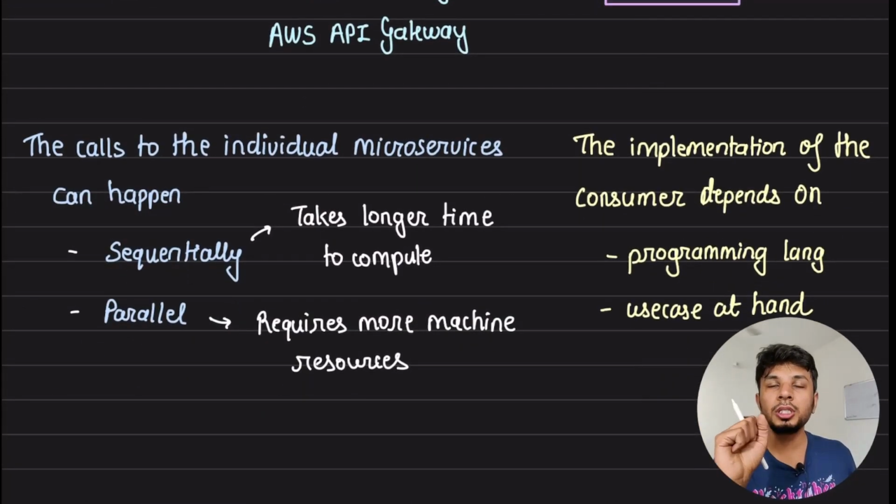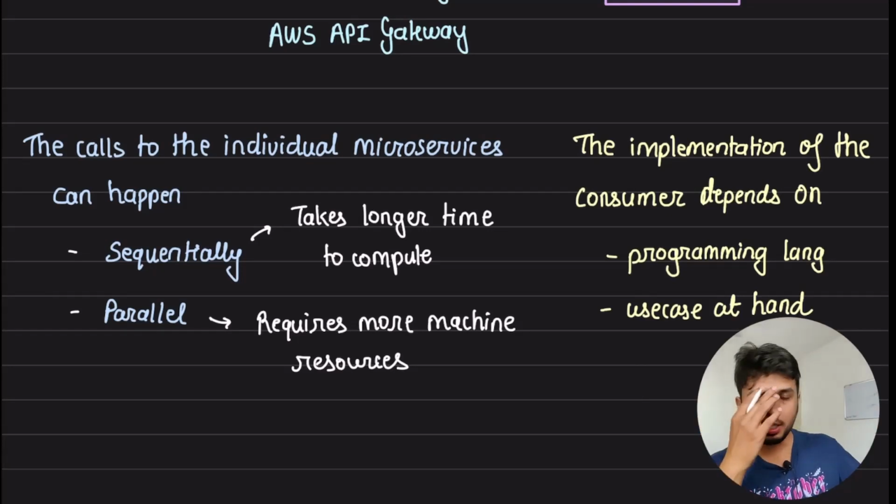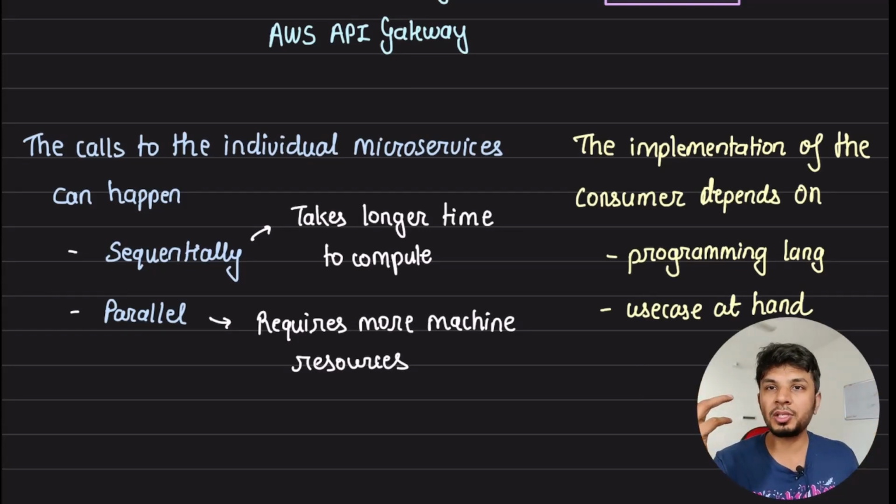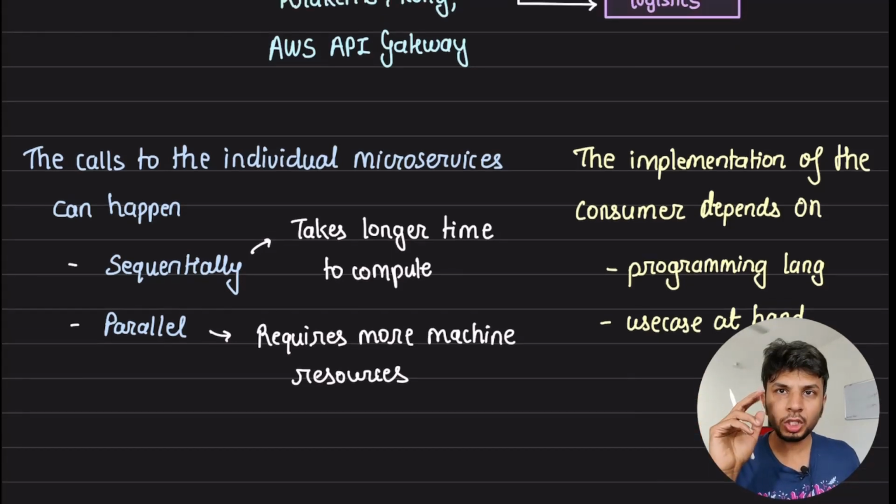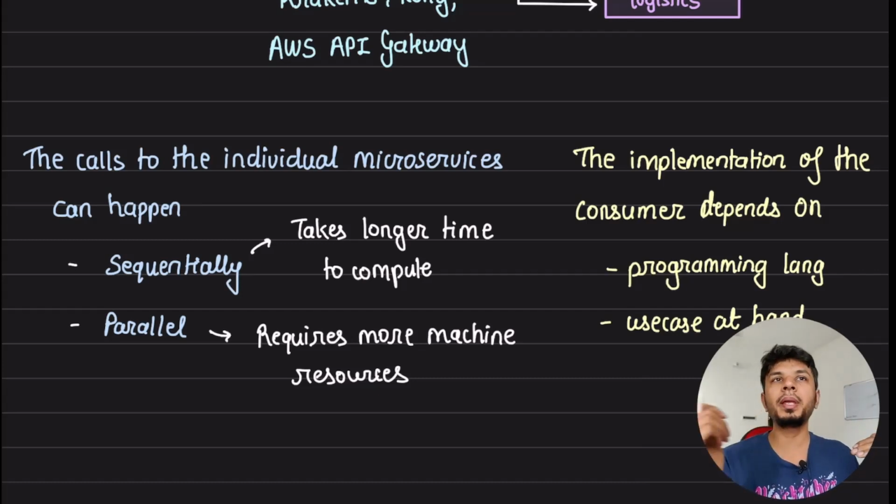Okay. But then when you get a request to your API gateway, how would it forward the request to the downstream services? So obviously you might think that, hey, if I want to make a call to 3 services, I should be doing it in parallel, right? No one's stopping us from doing it in parallel. But this is very use case specific.